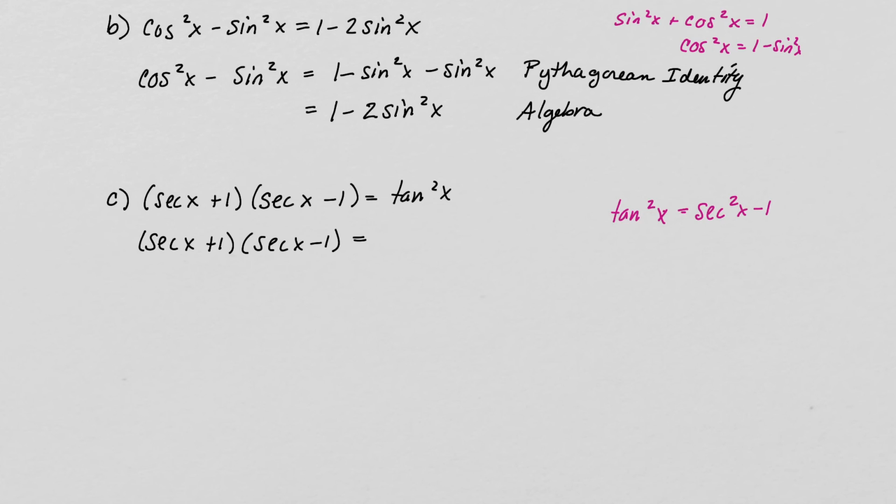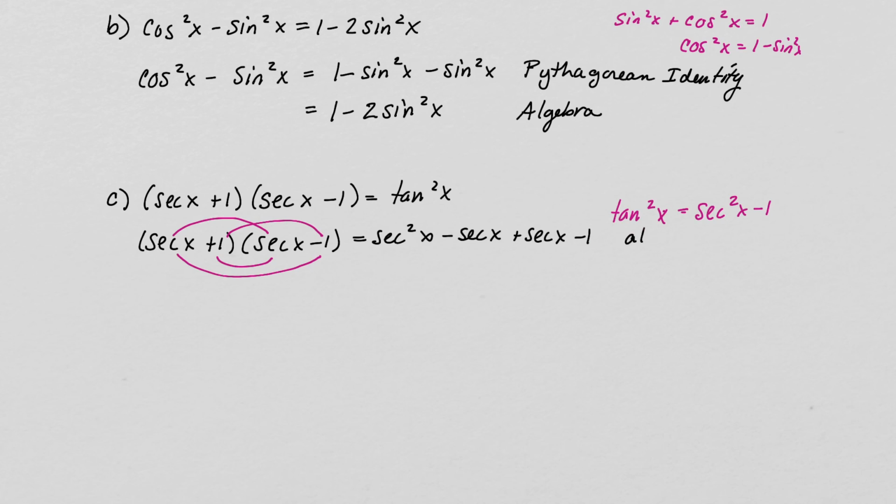The first thing I'm going to have to do is FOIL these. If I FOIL these, that's good. I'll end up with a secant squared x from the first part. Then we multiply the outer terms and the inner terms, so we end up with a minus secant x, a plus secant x, and a minus 1.